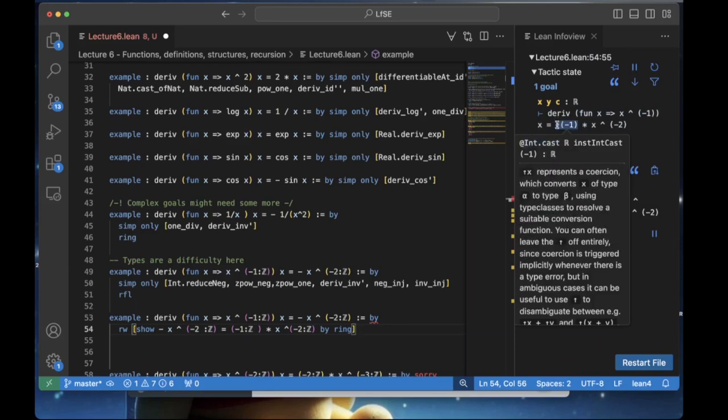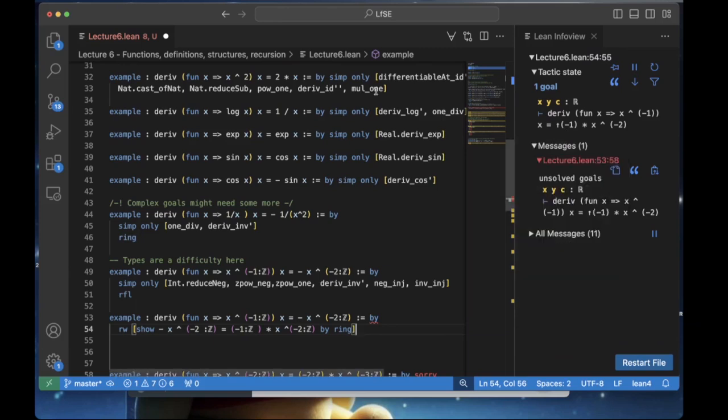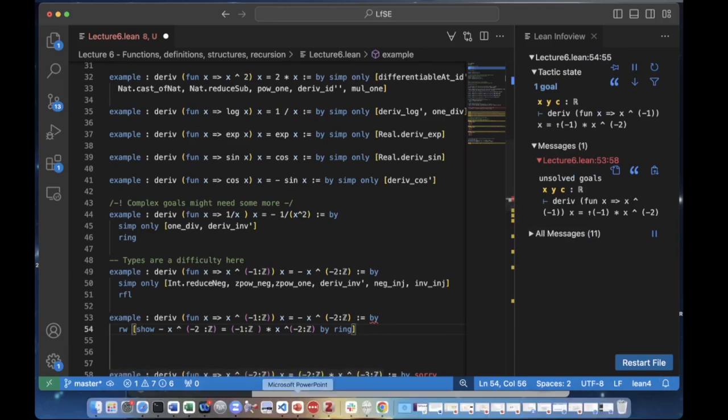It says up x represents a coercion, which converts x of type alpha to type beta, using type classes to resolve a suitable conversion formula. So there's some vocab that we didn't address quite yet, but I'll take a minute to talk about those now, with the benefit of having my slides.